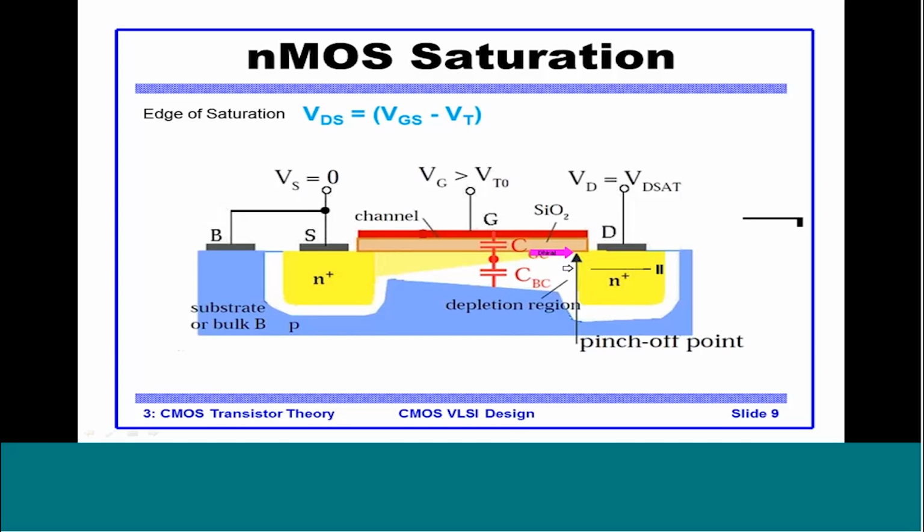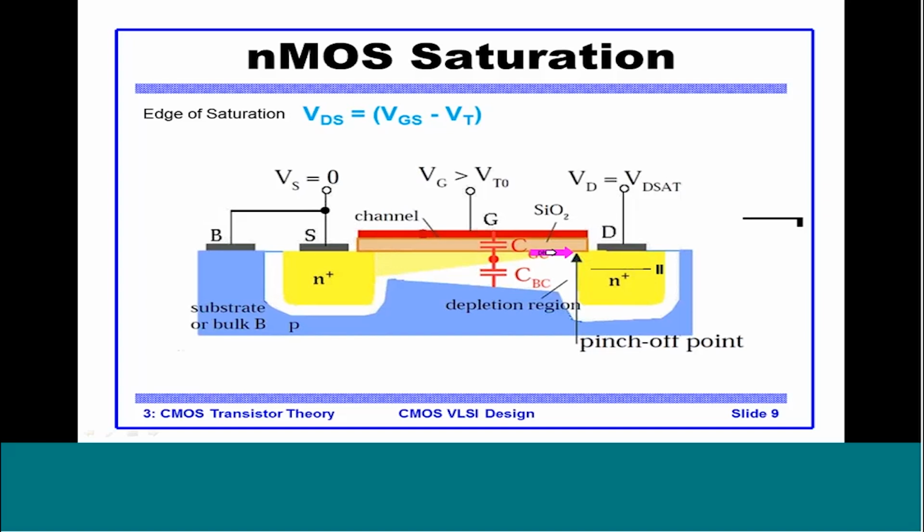What pinch off means is that the inversion layer is wider closer to source, and it starts decreasing in width as it goes toward the drain. This is caused by the difference in drain and gate voltage.